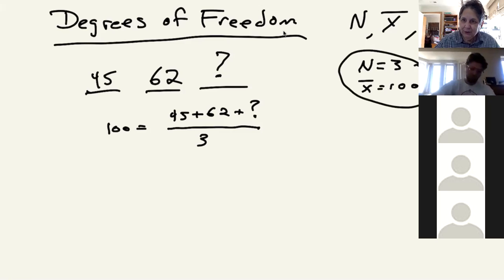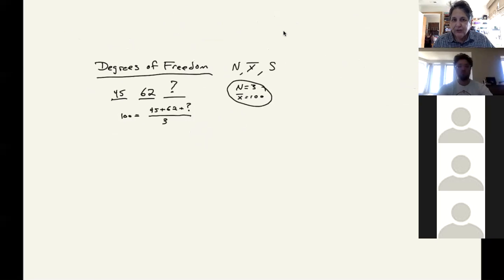Okay, does anybody have a question about what degrees of freedom is? All right, I'm going to expand this a little bit. Let's say I have 30 people in a study. How many of their scores could vary if I know that there's 30 people and I happen to know the mean? How many out of 30 could vary before we have to adjust the last one? 29. Thank you.